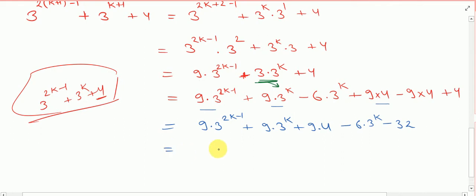And from these three terms, 9 is common, so 9 comes out. So you are left with 3 to the power 2k minus 1 plus 3 to the power k plus 4.